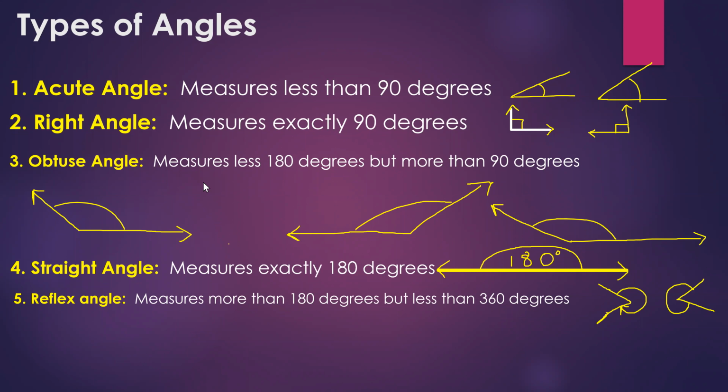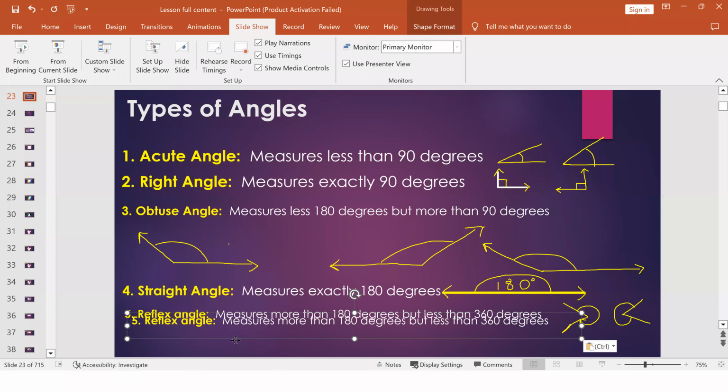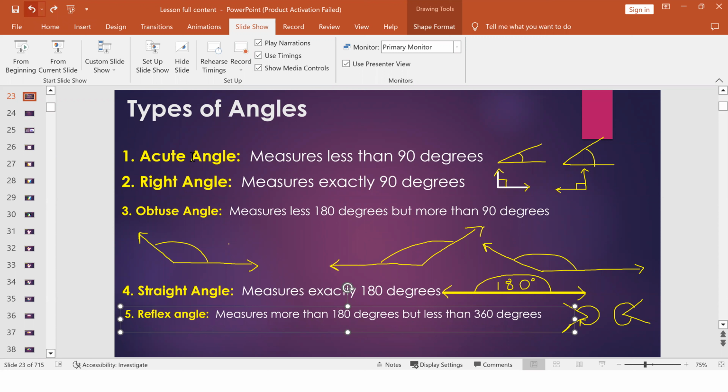And the last one is number 6. Number 6 is what we call a full turn.